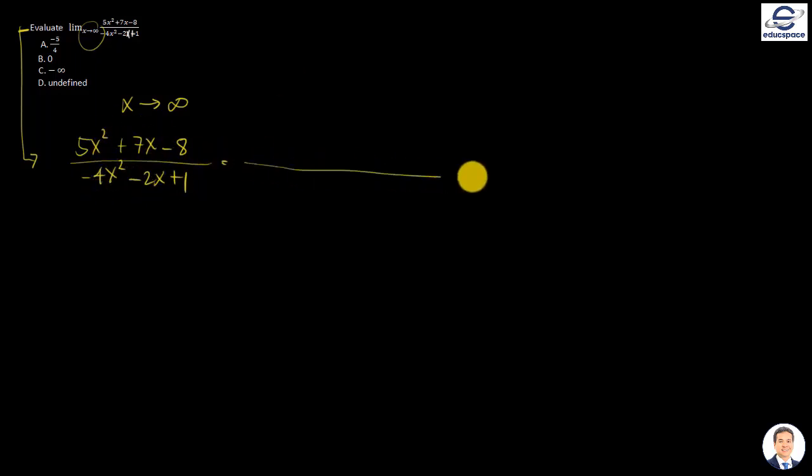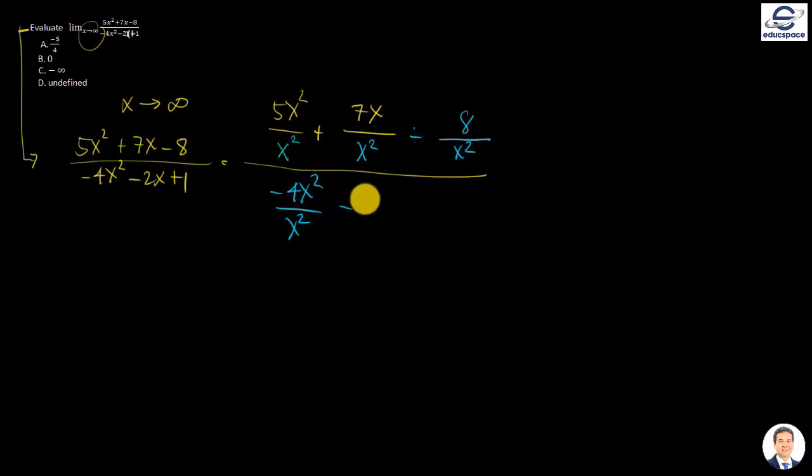So we have 5x squared. Since the highest exponent is 2, we divide by x squared. First, write all the terms: 7x over x squared, minus 8 over x squared, over 4x squared over x squared, minus 2x over x squared, and then plus 1 over x squared.